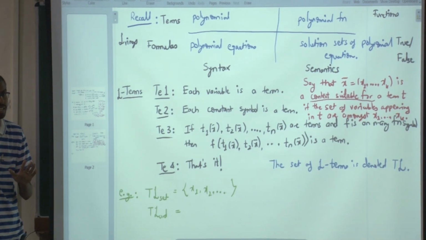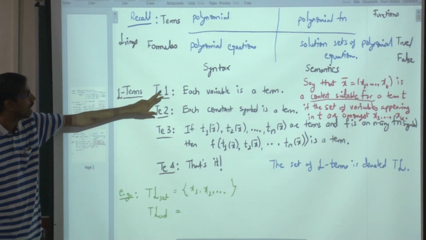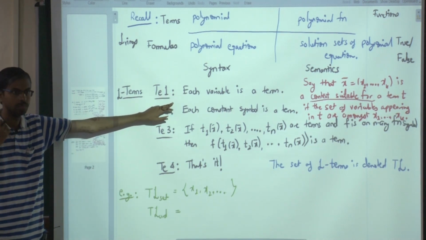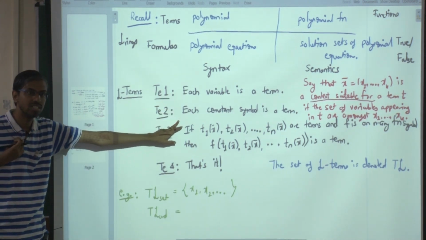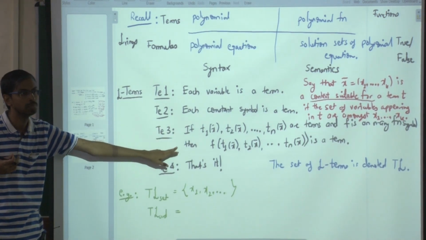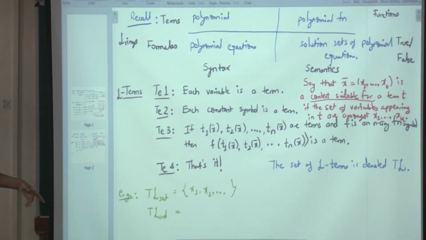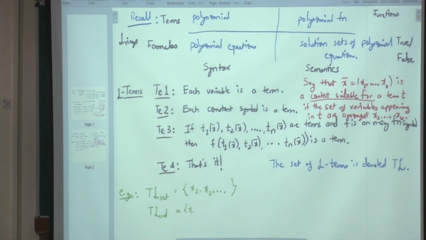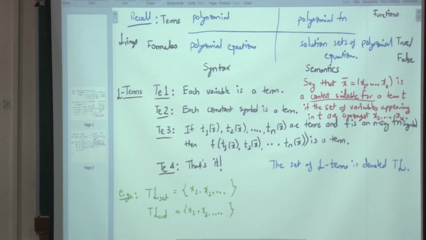Each variable is a term. Are there any constant symbols? Are there any function symbols? So we are done. Again x1, x2, xk. So unless and until there are function and constant symbols, you can't really do much.